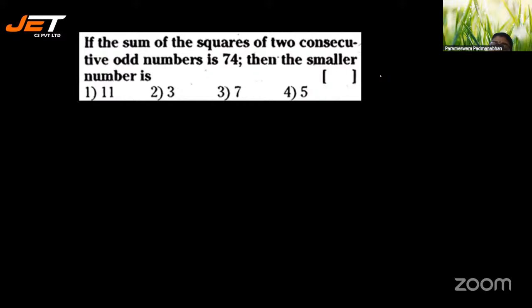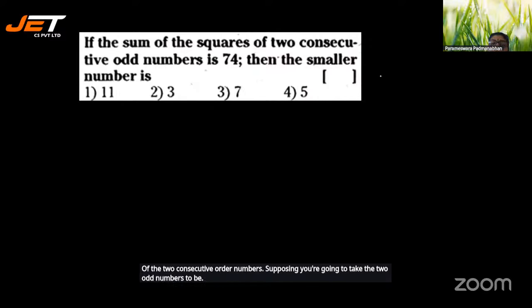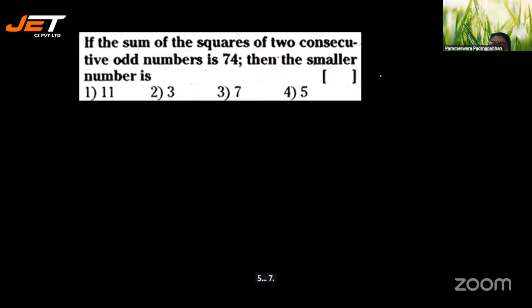The question says, the sum of the squares of the two consecutive odd numbers, supposing you're going to take the two odd numbers to be 5, 7. Okay. So the sum of the squares of two consecutive odd numbers is 74. Supposing you take now 5 square plus 7 square. What do you get? 25 plus 49.